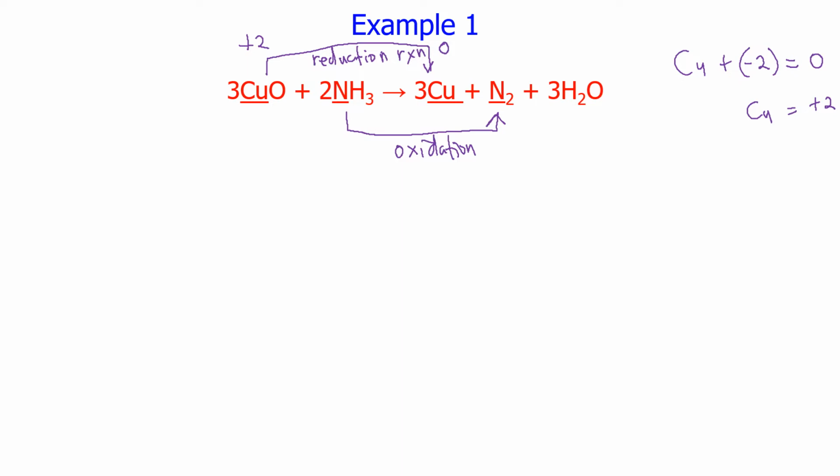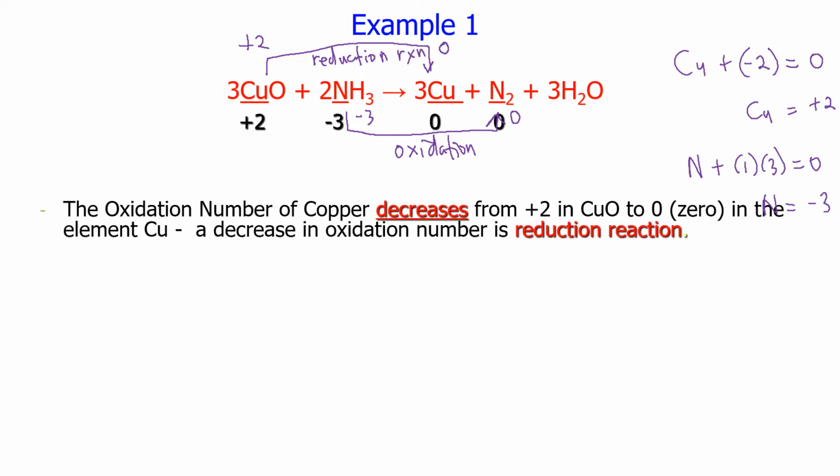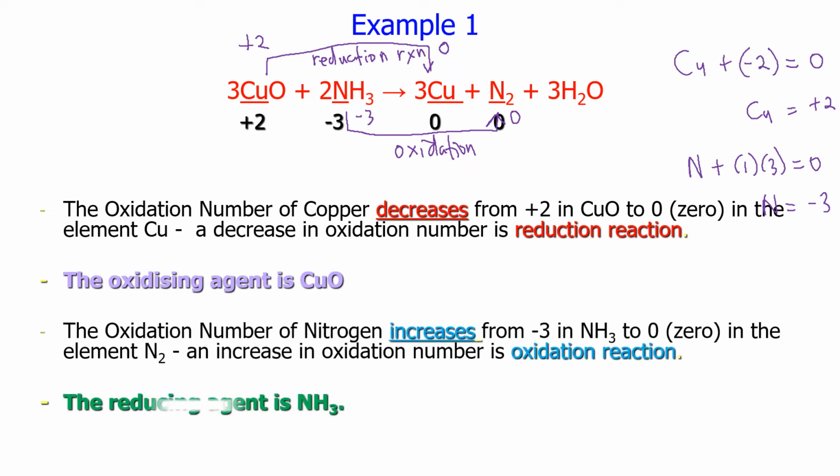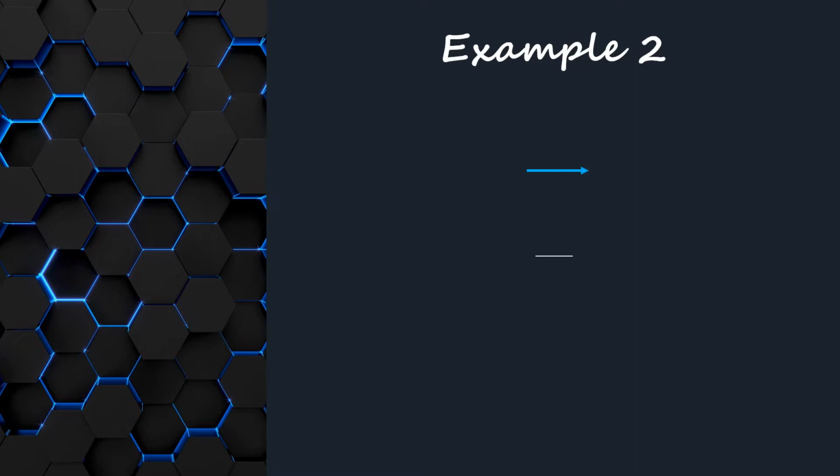For the oxidation reaction, for nitrogen you can calculate that nitrogen plus 1 times 3 equals 0. So nitrogen is -3, and from -3 it becomes 0, so there is an increase of oxidation number, confirming that it is an oxidation process. So copper oxide will act as an oxidizing agent, meanwhile ammonia will act as a reducing agent.